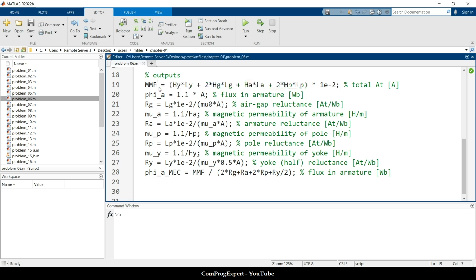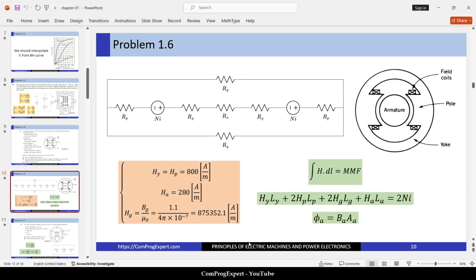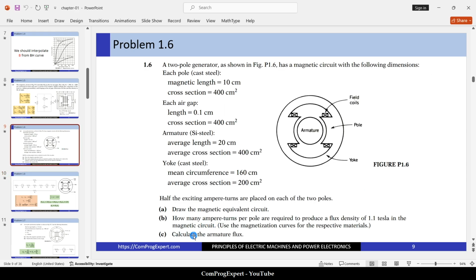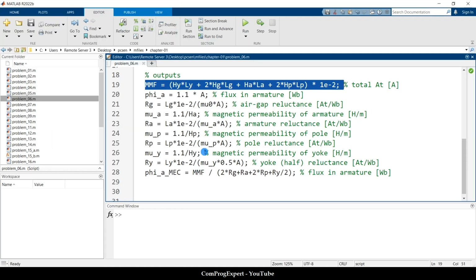So we can calculate the total magnetomotive force, and finally the armature flux using this equation. We know the value of BA, so we can calculate the phi A. That is 1.1 Tesla times the cross-sectional area.